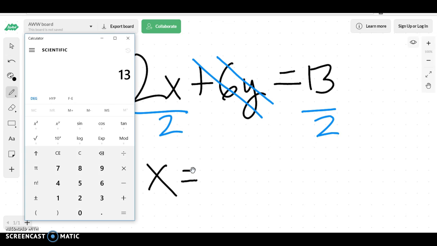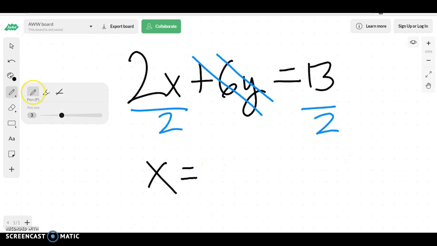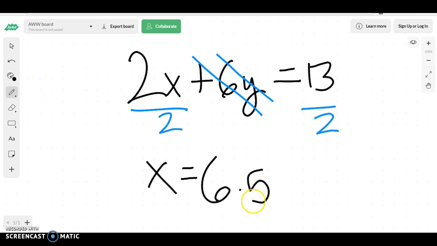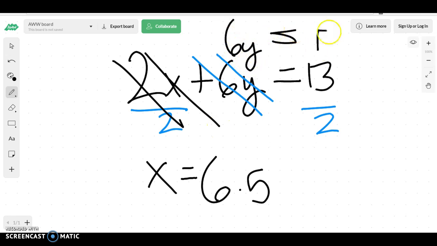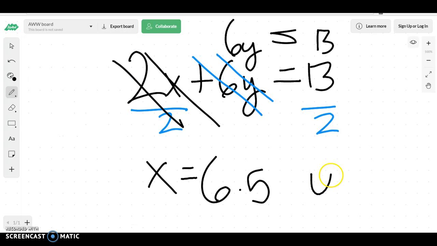You could do it, and you should get 6.5, but it's just not that nice of a number to work with. Same thing if we went the other way and covered up the x and divided the y over. If you did 13 divided by 6, you're going to get 2.16 repeating. So again, this y number is not that nice.